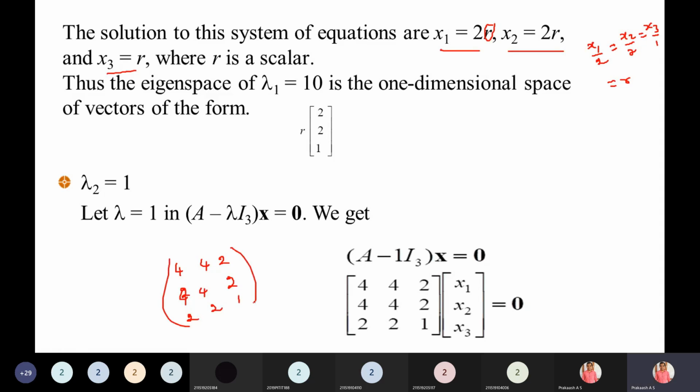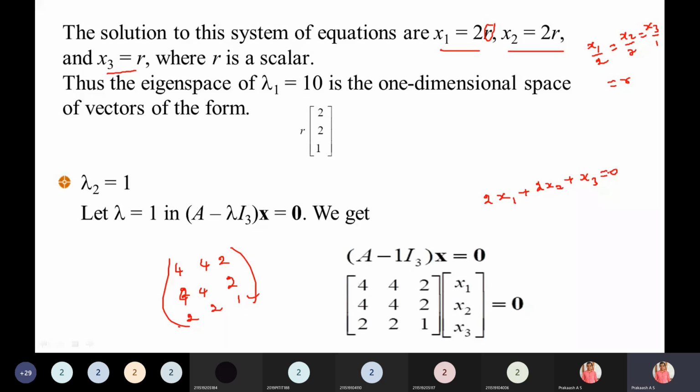So all three rows are same. If you divide R1 by 2, and multiply R3 by 2, you will get the same row. Okay, so it is equivalent to 2x1 plus 2x2 plus x3 equal to 0.